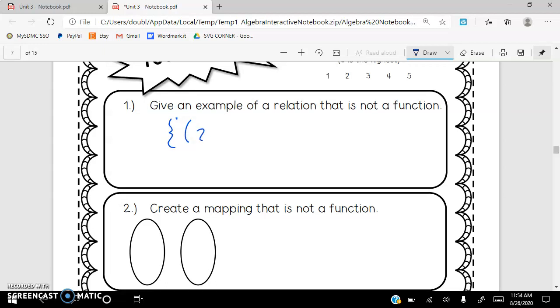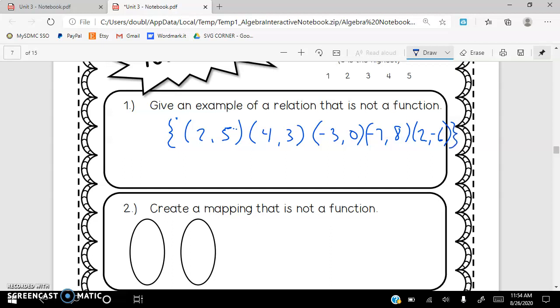So I'm writing out ordered pairs. 2, 5, 4, 3. I'm just throwing them out random. -3, 0, -7, 8, and let's do one more. 2, -6.